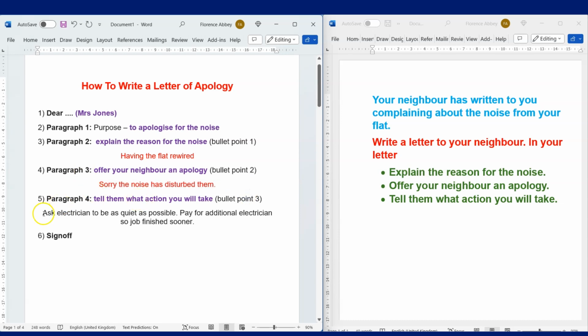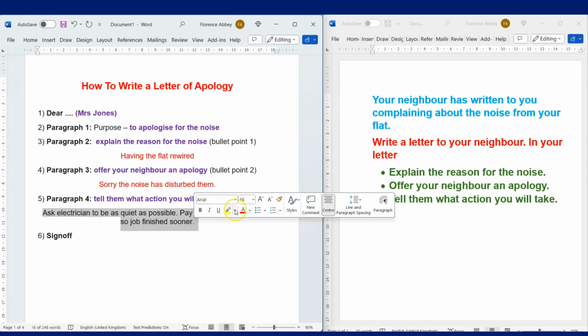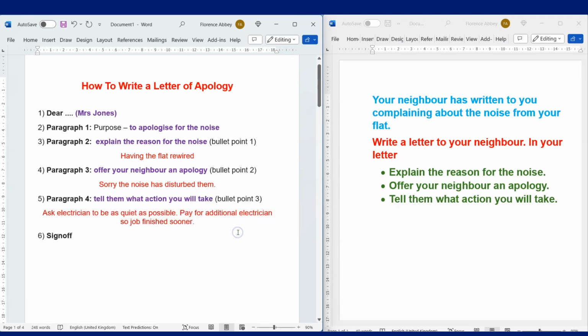And finally, in our fourth paragraph, we are going to tell them what action we are going to take. And in this instance, we stated that we are going to ask the electrician to be as quiet as possible and also pay for an additional one to help us finish the job very soon. And after that, we will just sign off. So this is all that you'll be doing.